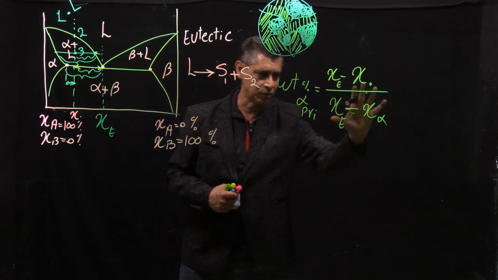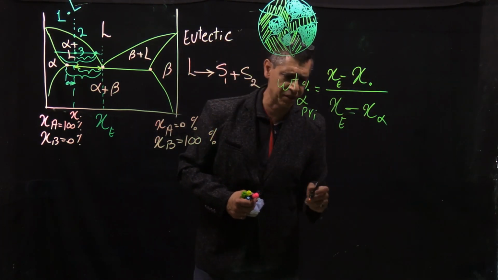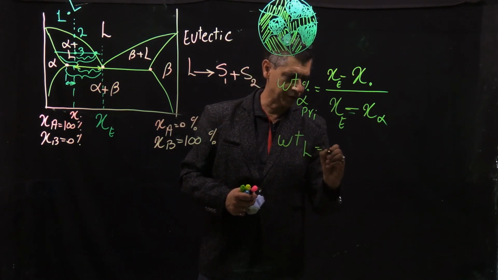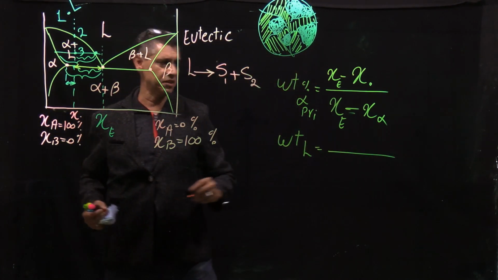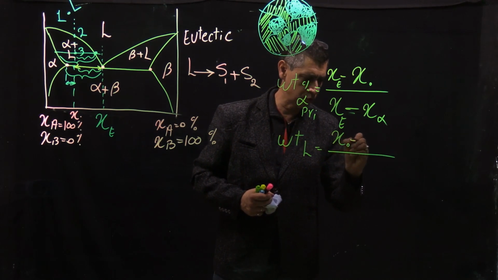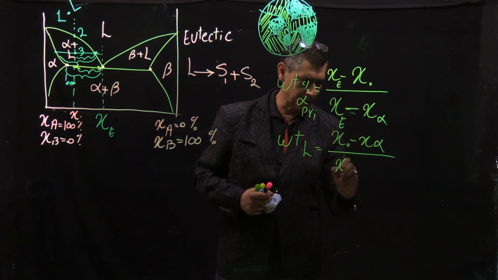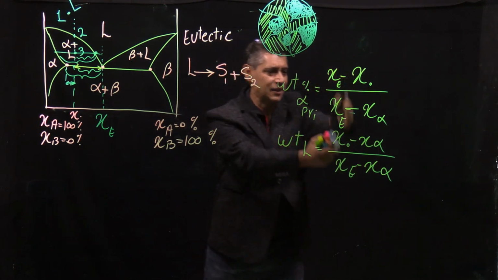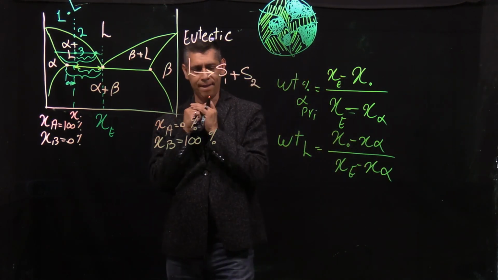So this is the amount of solid. 1 minus this is equal to the amount of liquid. So I write it here. That would be x 0 minus x alpha divided by xe minus x alpha. You add them together, again it becomes 1.